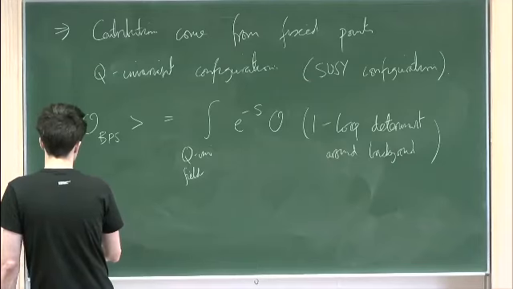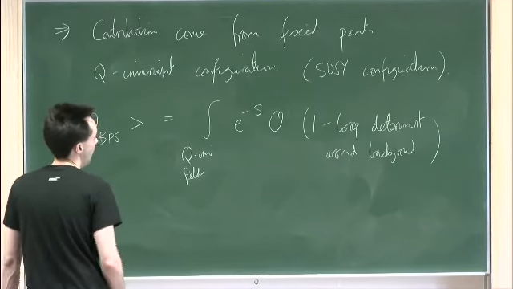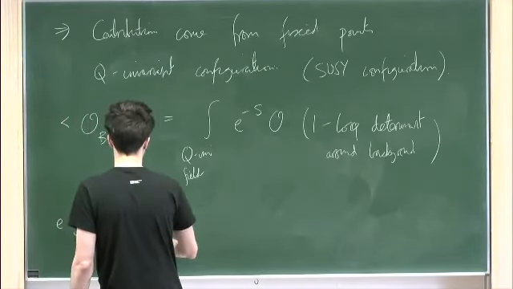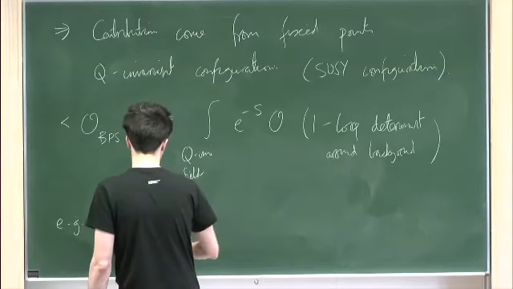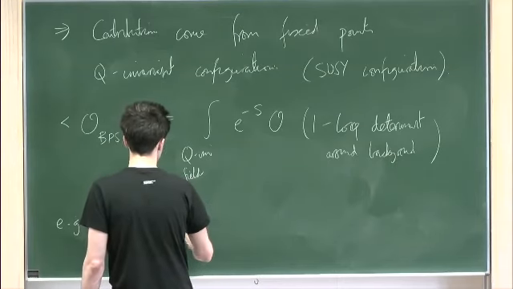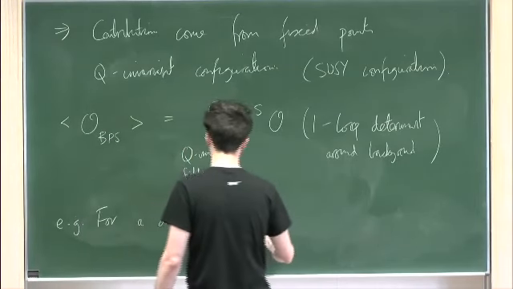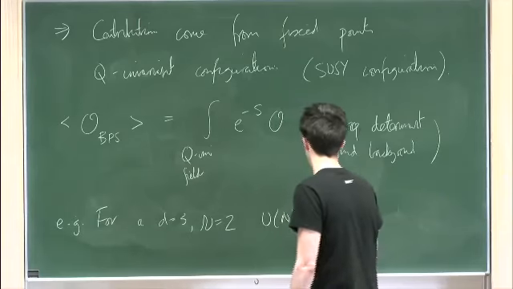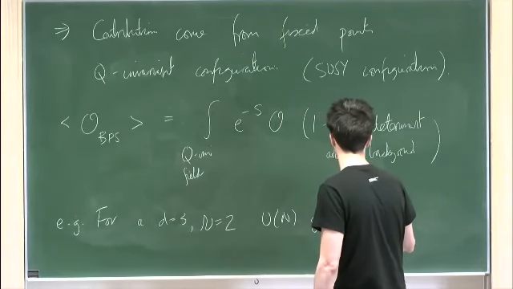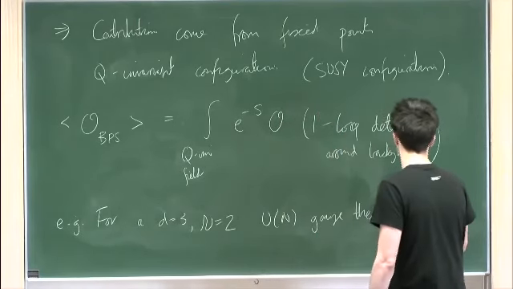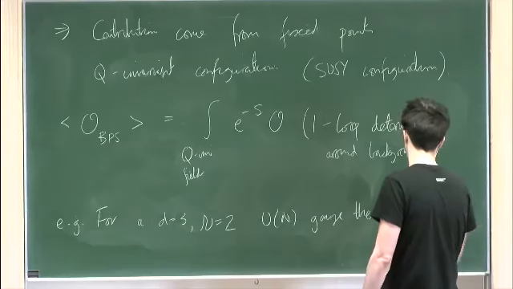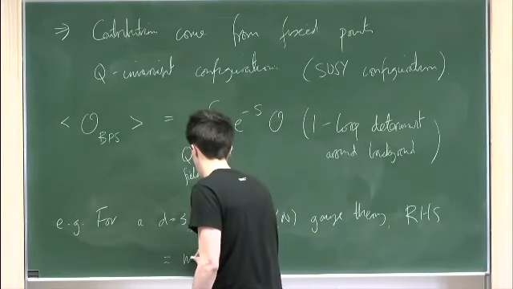So e.g., for a d equals 3, N equals 2, U(N) gauge theory, the right-hand side is equal to a matrix integral.